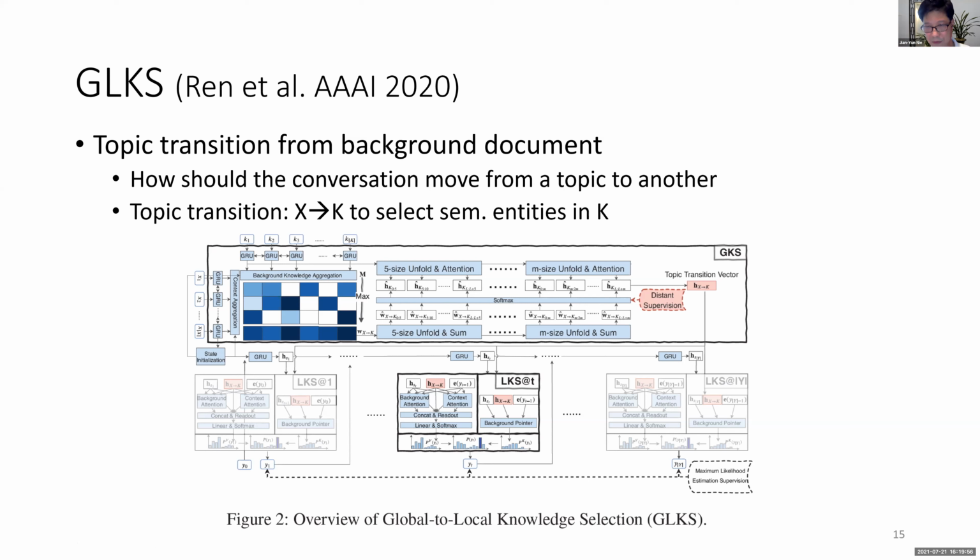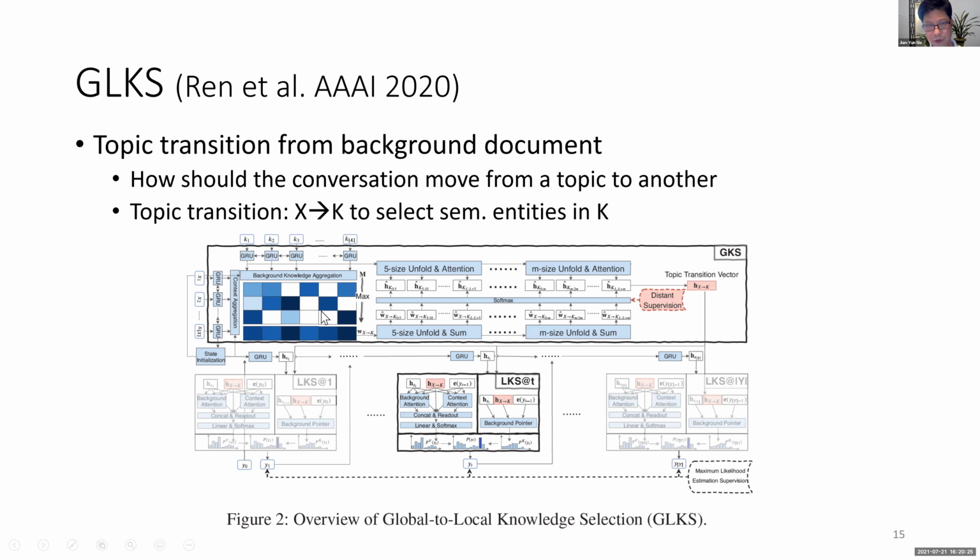So a set of keywords will refer to some topic. And you want to determine what the next topic should be that I mention in my response. So this is viewed as a transition from some topic to another. So here we have the matching of your current situation, the current input X, with what you have in your background knowledge or background document.